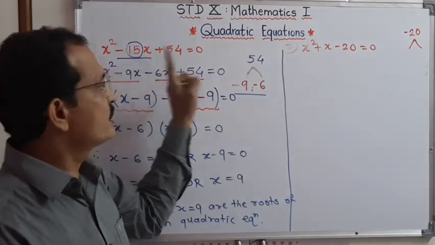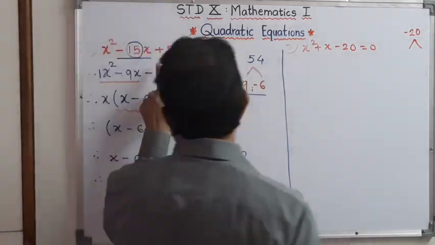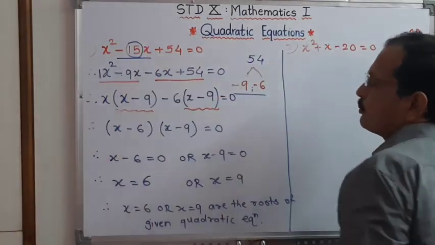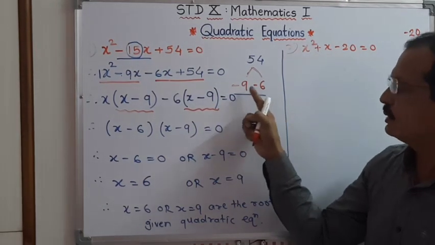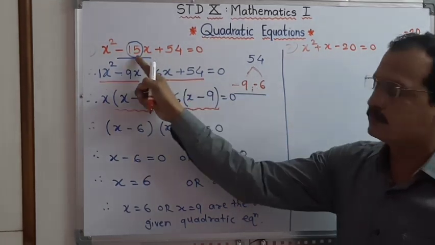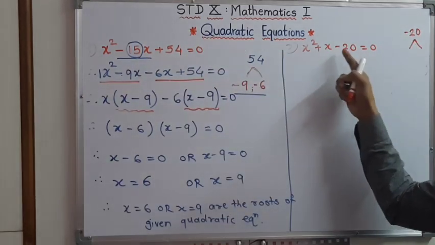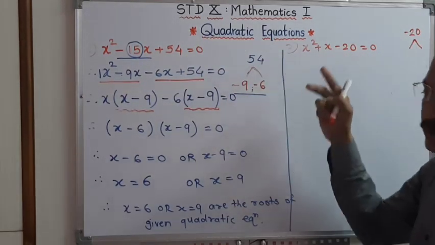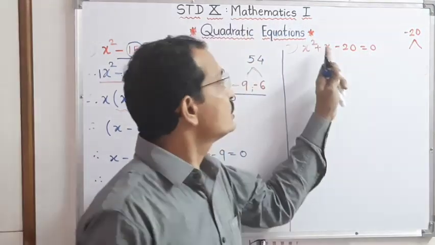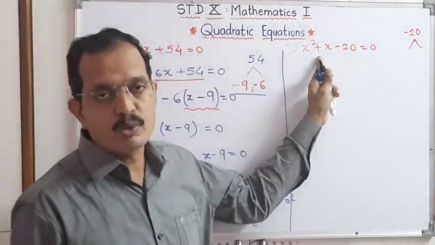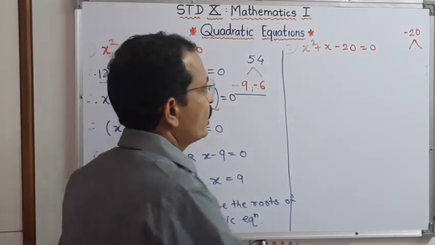Now see the difference between these two. Earlier the plus sign was there, therefore we found the addition, 9 and 6, which makes 15. Now here it is minus, therefore we have to find the factors whose subtraction should be the coefficient of the middle term. The coefficient of the middle term is 1.